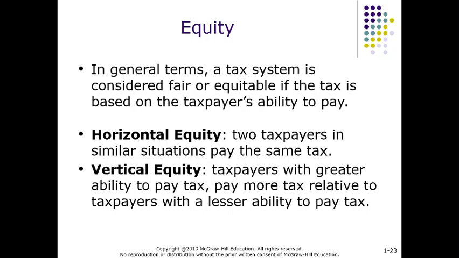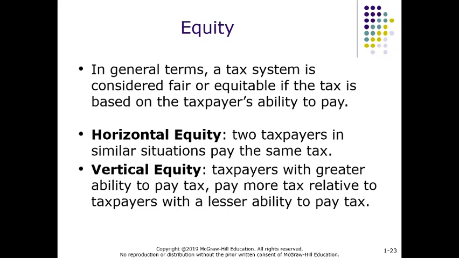I think probably most people would say we do have vertical equity as far as our current system is concerned. Not sure you could say we have horizontal equity because let's say two taxpayers both make $50,000 a year, but, again, back to what I talked about earlier, one of the taxpayers owns a home, the other rents.